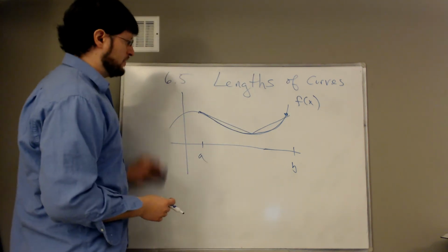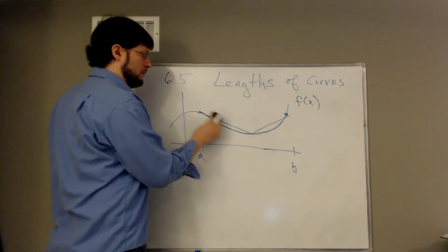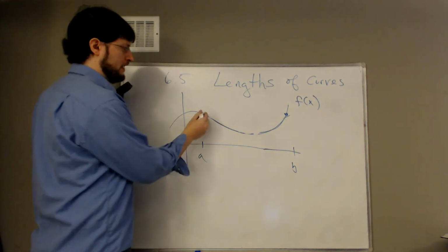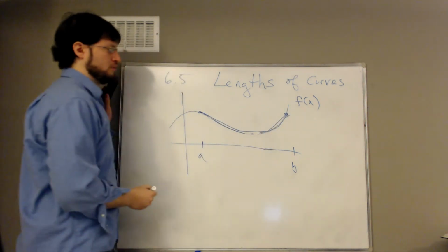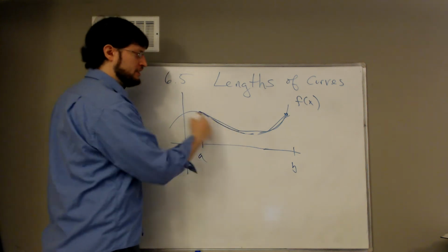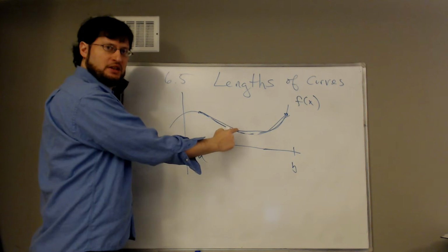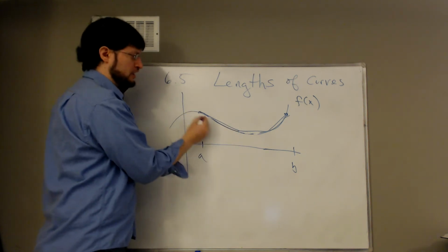Now, that said, let's notice that when we get more and more approximations here, if I put 3 in here instead of just 2, the idea here is that these lines that we're using to approximate the distance along the curve follow pretty closely the tangent lines of the curve.